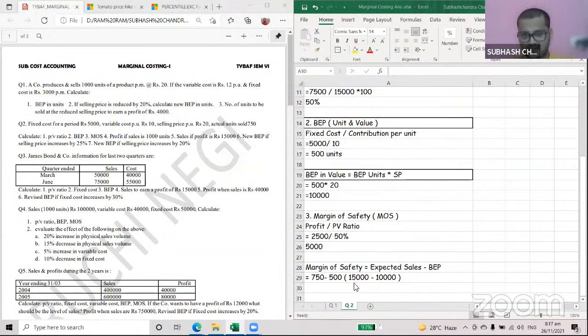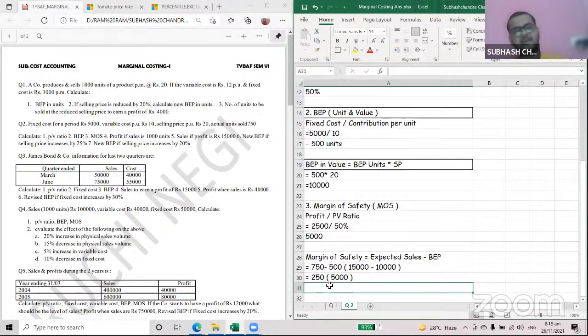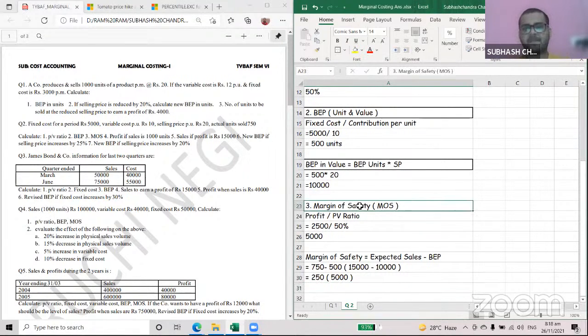So finally I will be getting either 250 units, or under bracket 5,000. 250 units multiplied by the sales price is the margin of safety. Understood this much, everyone?